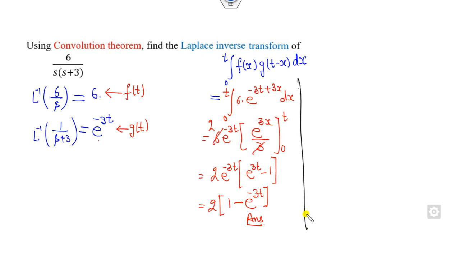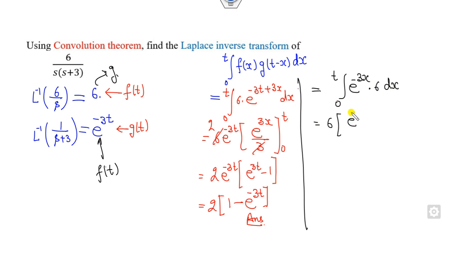Otherwise, if I choose this as my f and this as my g, then what will your result be? The integral from 0 to t. If I choose this as my f, then e raised to power minus 3x into 6 dx. Fine. So I can take 6 as common. What is the integration of this? e raised to power minus 3x over minus 3.